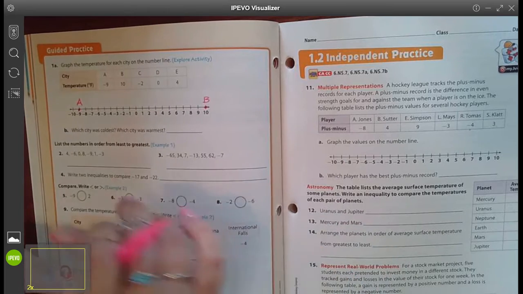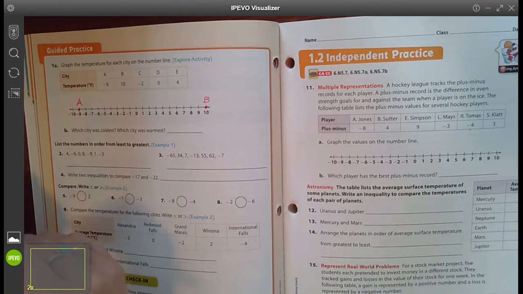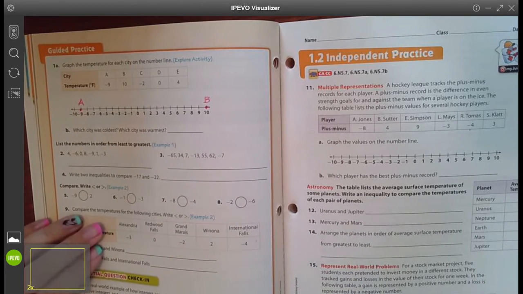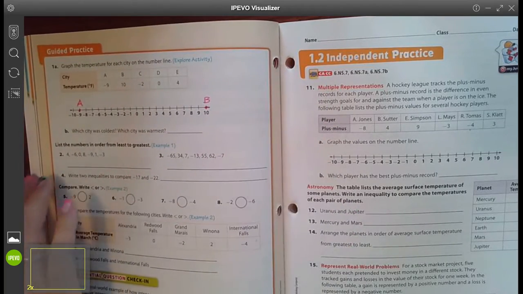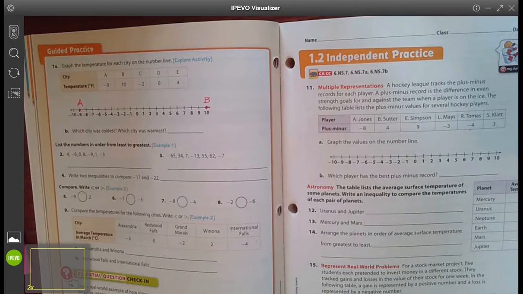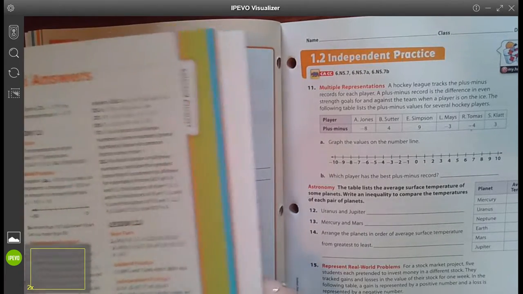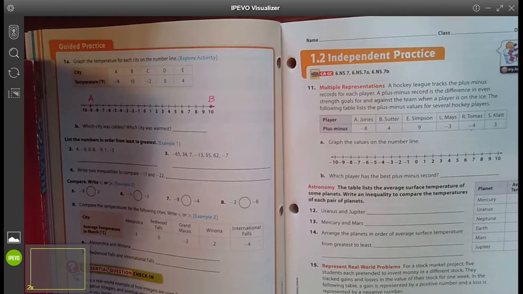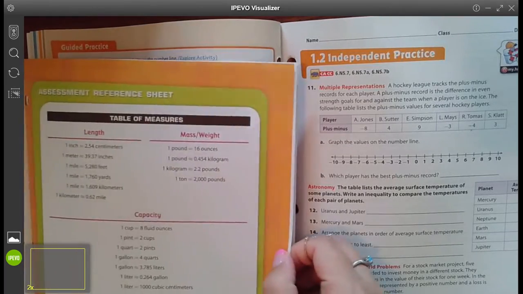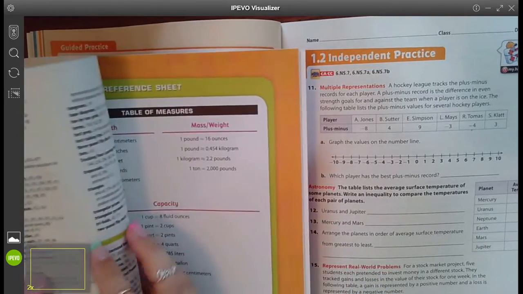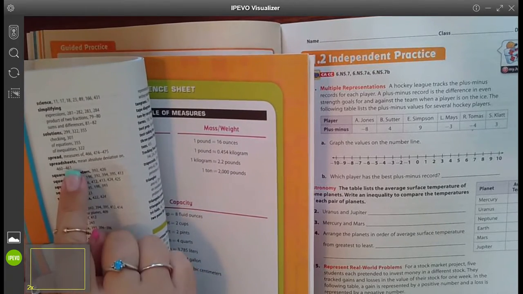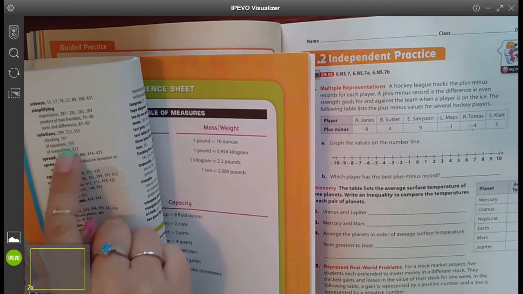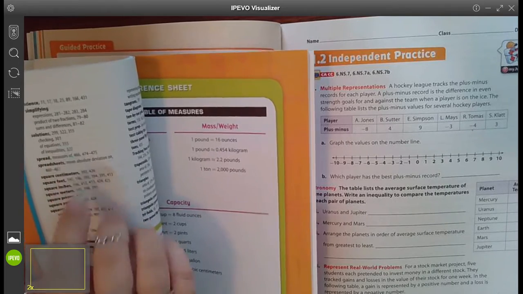When I say the back of the book, we want you to check your answers in the back of the book. How you do that is, if you look right here, it tells you it's section 1.2. We go to the back of the book, and you'll see these colored pages of orange. Orange is the index. If you were looking for definitions of a certain thing, like if you didn't know what a solution was, these are the pages where they define specific types of solutions.